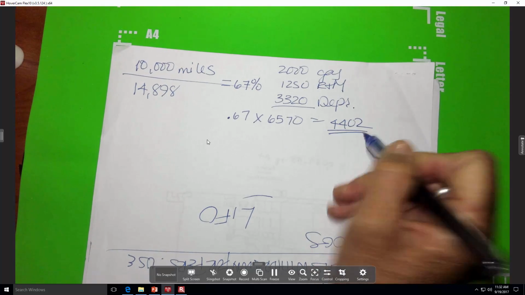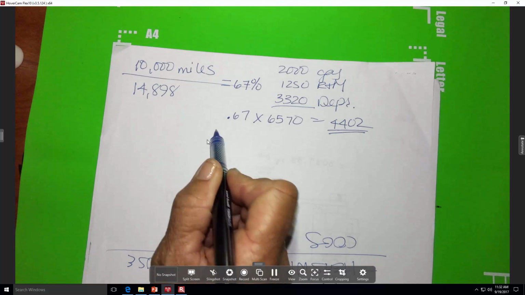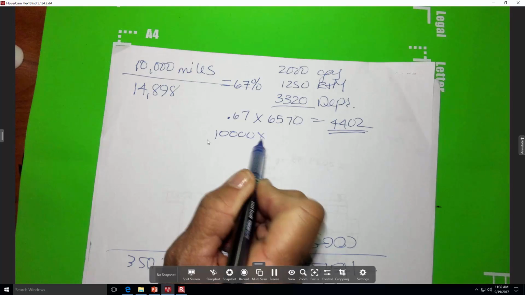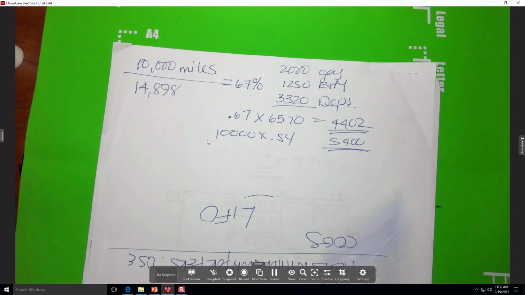So actual 4402. Standard 5400. See what you got to do? She doesn't get all of her actual. She only gets the percentage that's allocable to business travel.